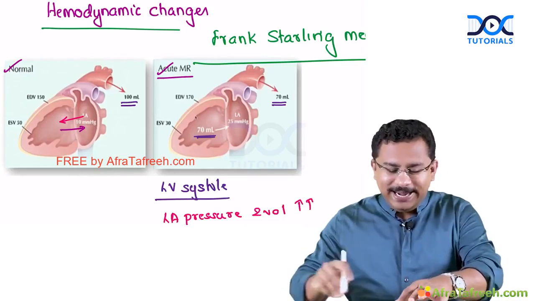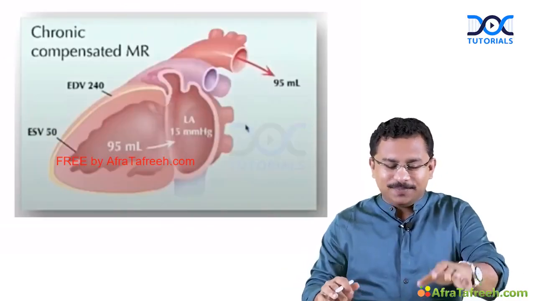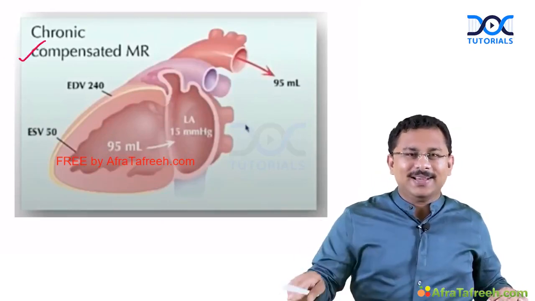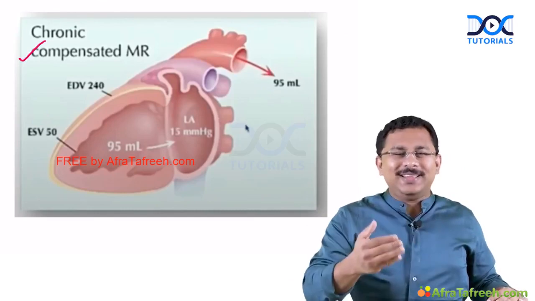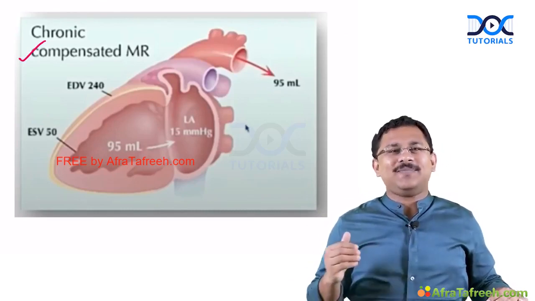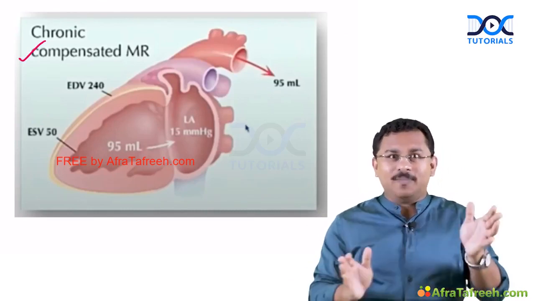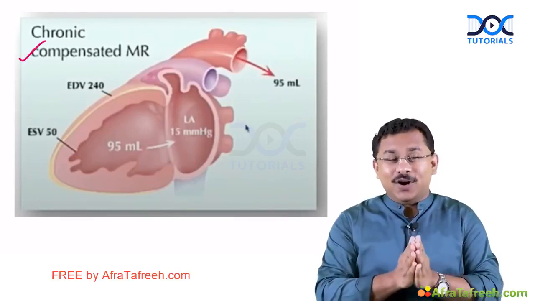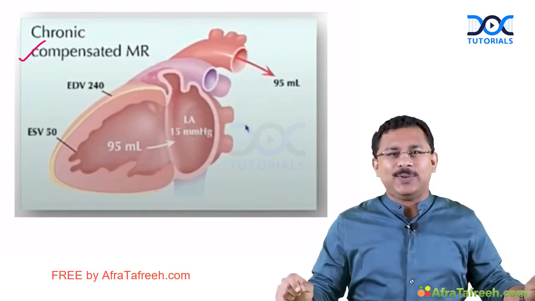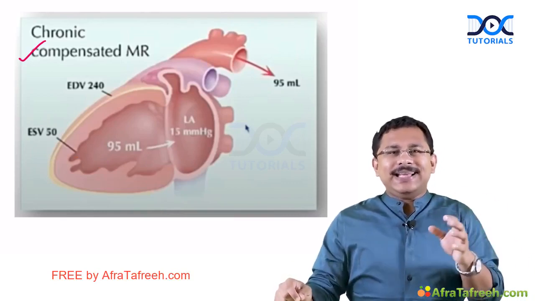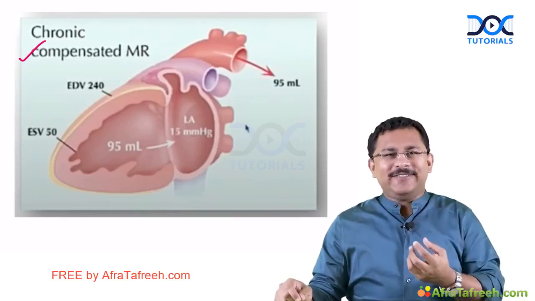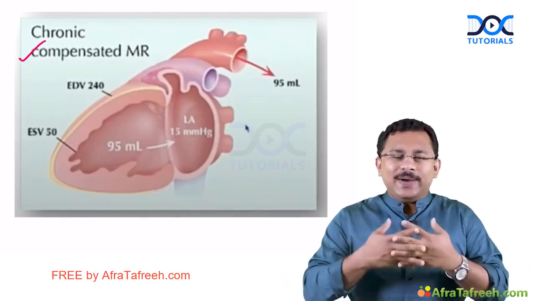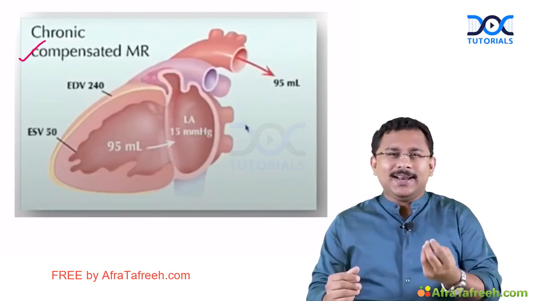Now let's proceed ahead and discuss chronic compensated mitral regurgitation. We are done with the hemodynamics of acute MR. Let's see about chronic compensated MR, which means we will definitely be discussing chronic decompensated MR as well. In many cases, when the patient develops a severe acute mitral regurgitation, this might require a surgical correction.